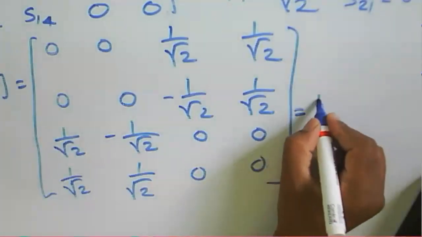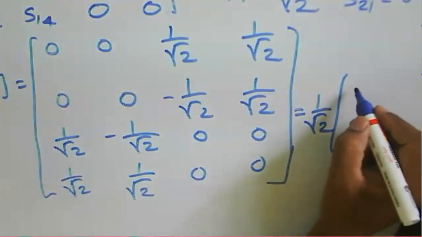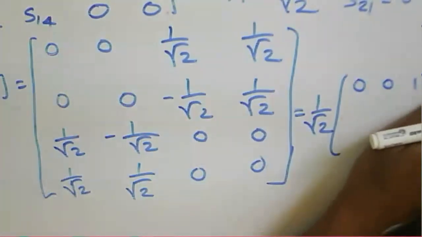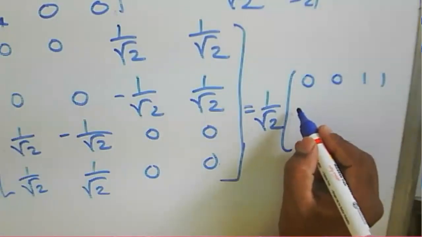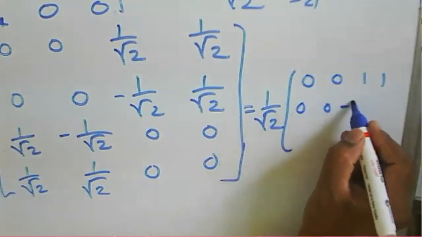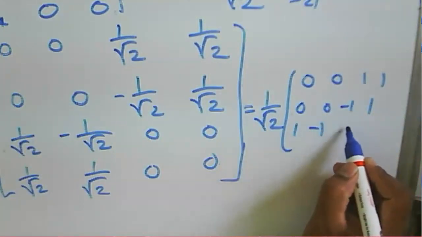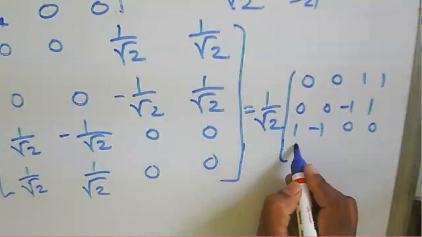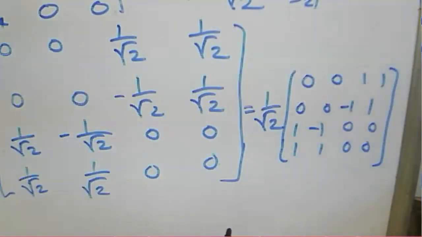Common is 1 by root 2, and we have a matrix that is 0, 0, 1, 1. Then 0, 0, minus 1, 1. Then 1, minus 1, 0, 0. Then 1, 1, 0, 0.